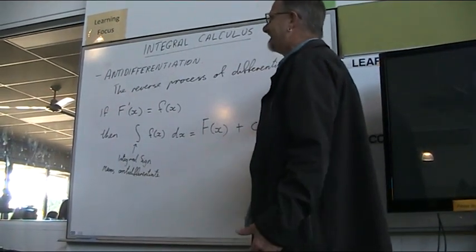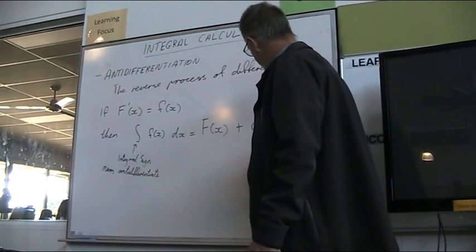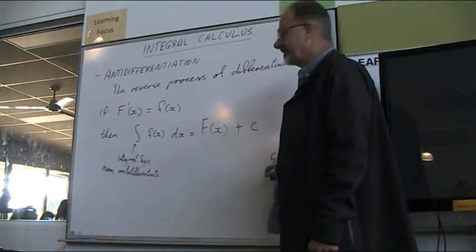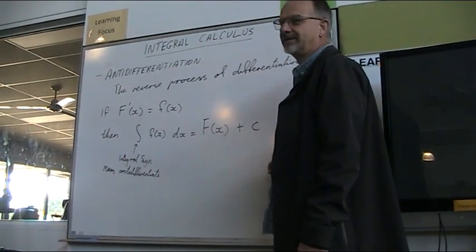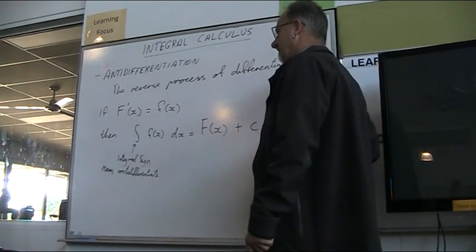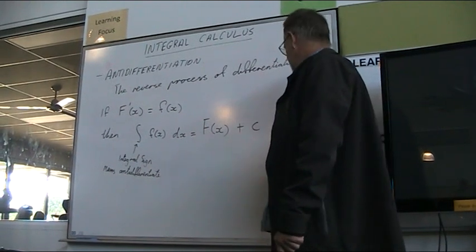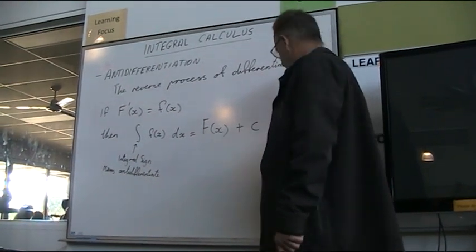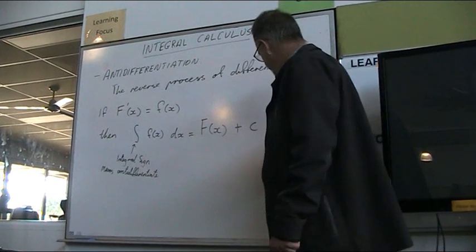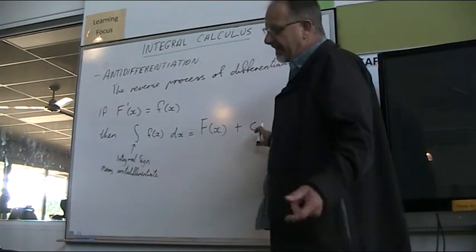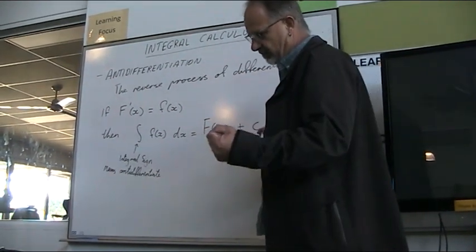Just remember, if we differentiate, say, the number 5, what does it become? 0. So if we haven't got anything there and we anti-differentiate, go back the other way, we're not sure whether there is a number or not. To find out that number, you would need more information.